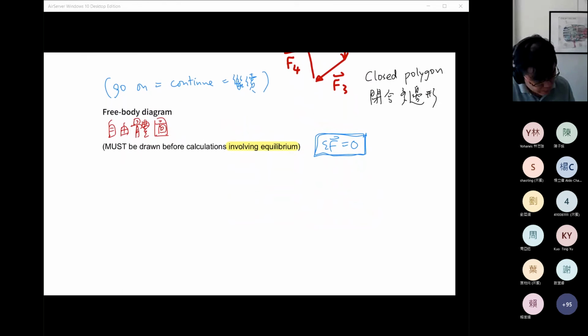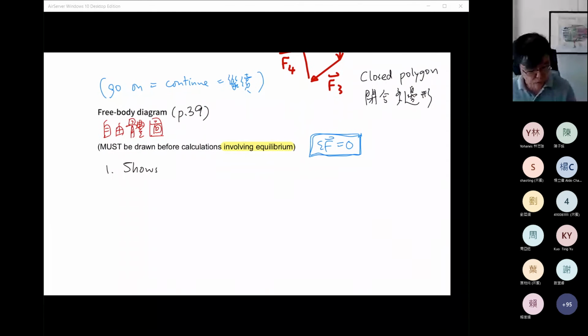Okay, this is on page 39 of our textbook. It shows... Let's go. I think we don't go to the verse first.